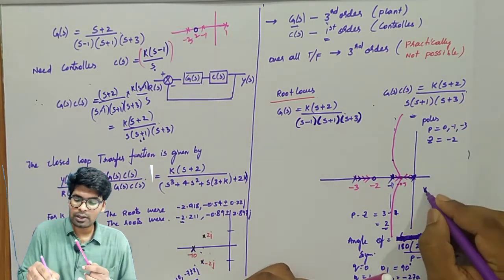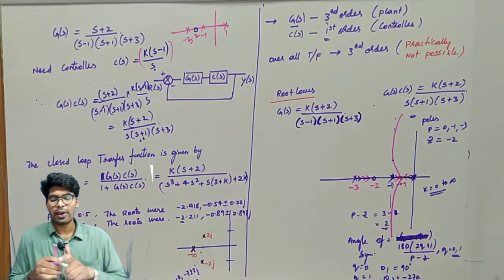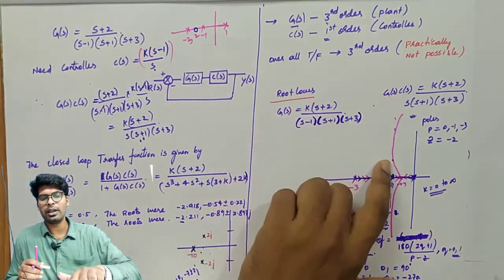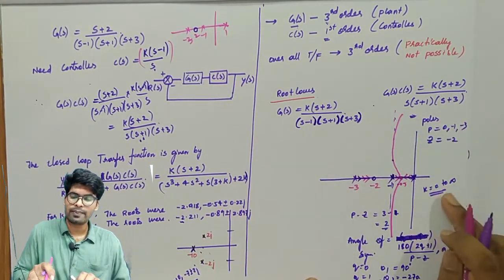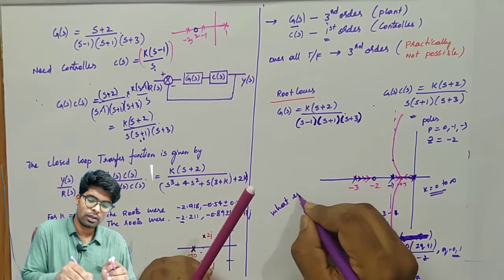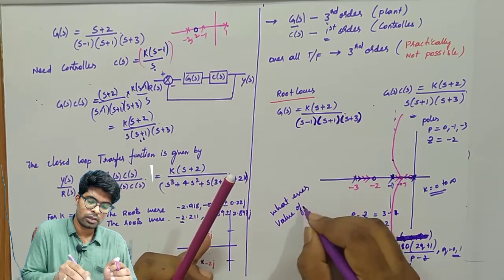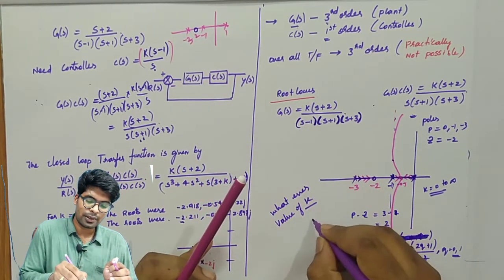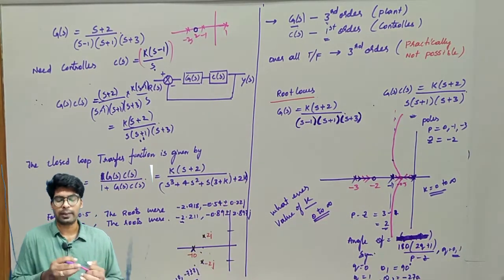For k equal to 0 to infinity, if you vary k from 0 to infinity, the system is stable.